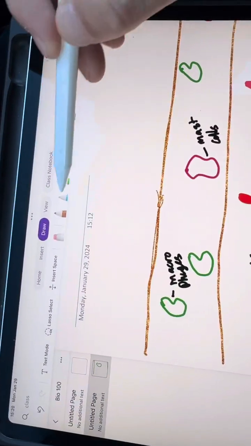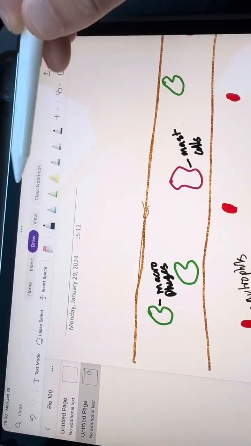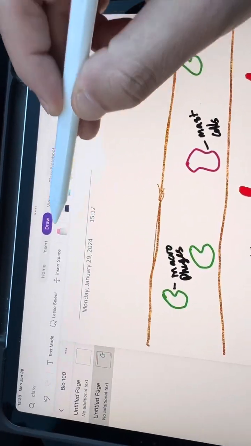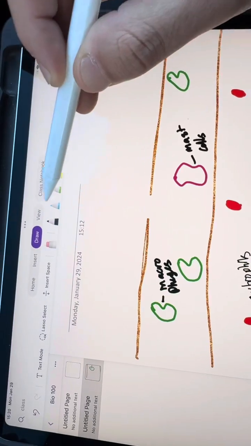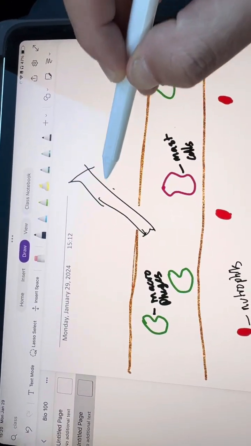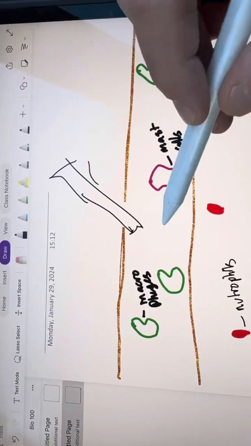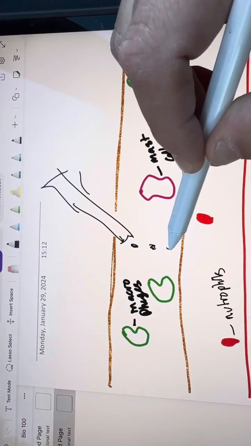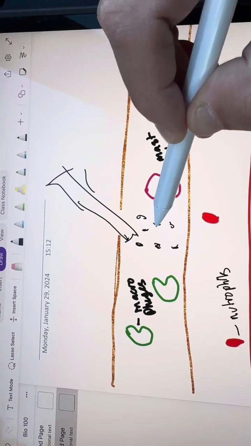So here, you're going to see, say, there's some sort of penetration here. Say it's like a stick. This is going to have pathogens come in.